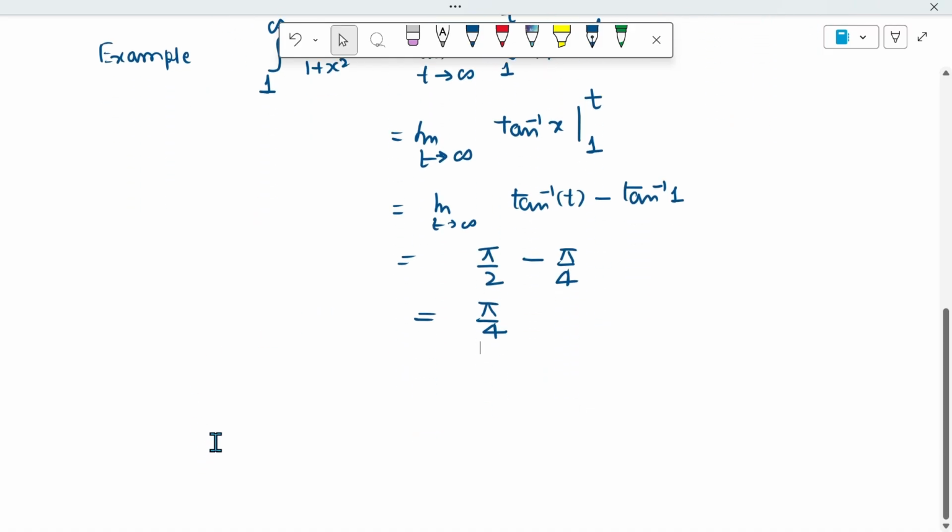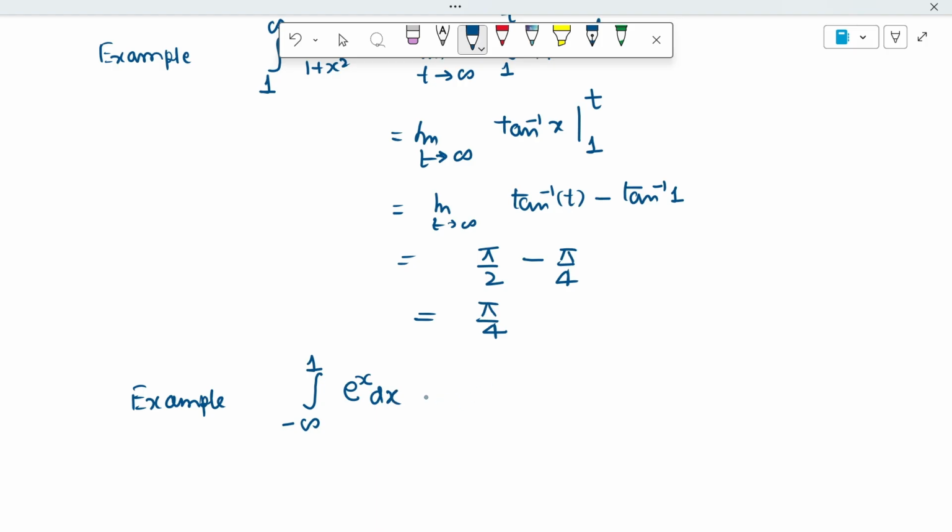Now let's take another example. Here we will take the function f(x) equal to e raised to power x. So suppose in this case we have to integrate from minus infinity to 1, and we have the function e raised to power x dx.